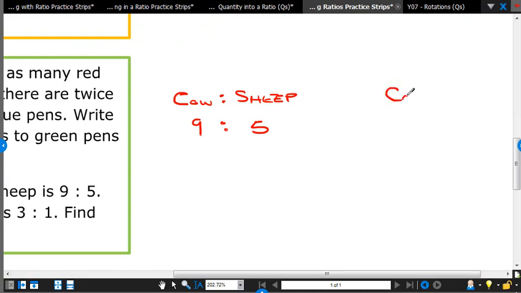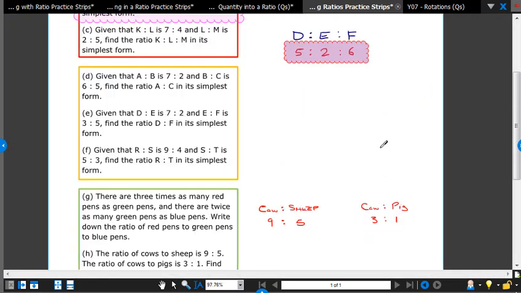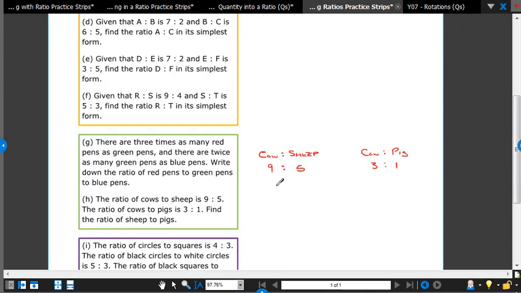Cow to pig is 3 to 1. Okay, if you're still here with me, stop the video. Look at how we did this question, and then try this question and see if you get the same answer as me. So pause the video now, try it, and then come back.